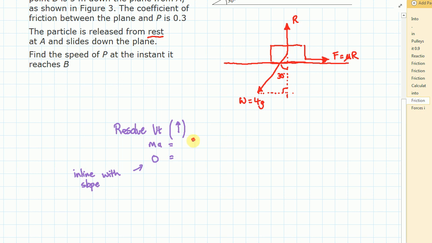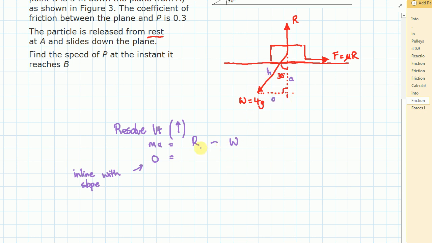Forces acting on it are R and minus W. Now W is an awkward one because we've now got to calculate W. It's on the adjacent side, there's the hypotenuse and there's the opposite.